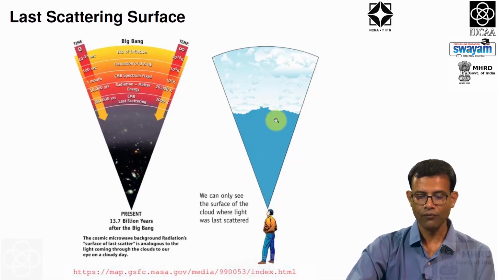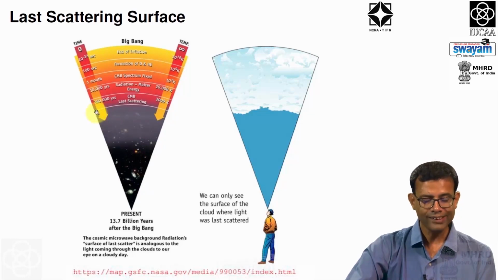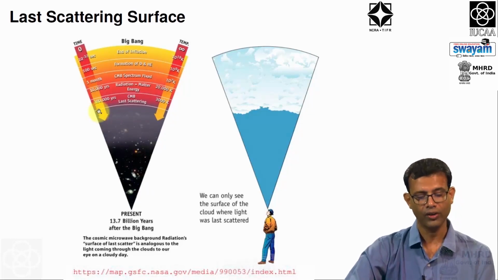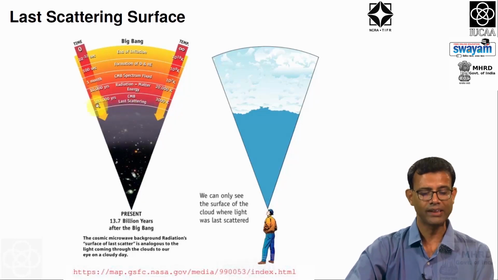We do not observe the full depth of the cloud, we just observe the surface of the cloud where the light was last scattered. By the same analogy, when we see the photons, what we observe is the state of the universe when the photons were scattered for the last time, and that is basically when the CMB started. That is why this is called the surface of last scattering.